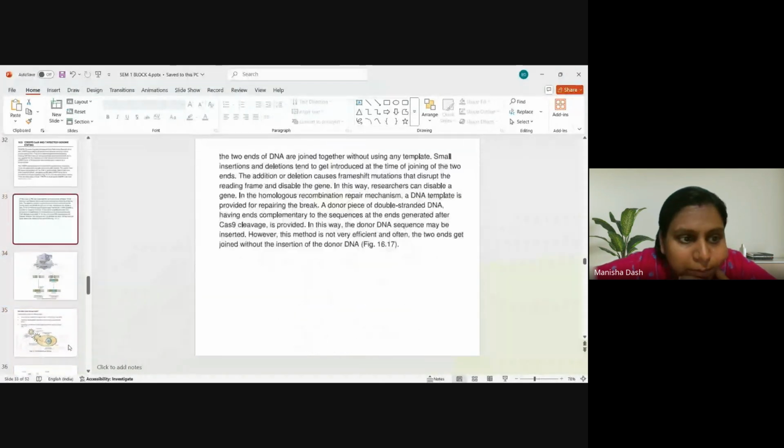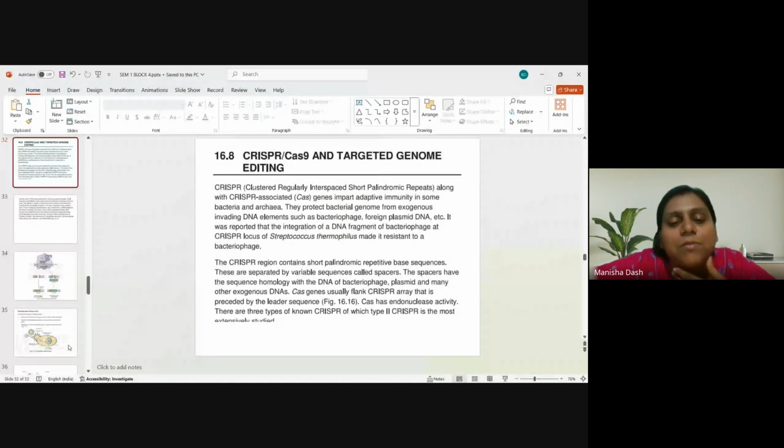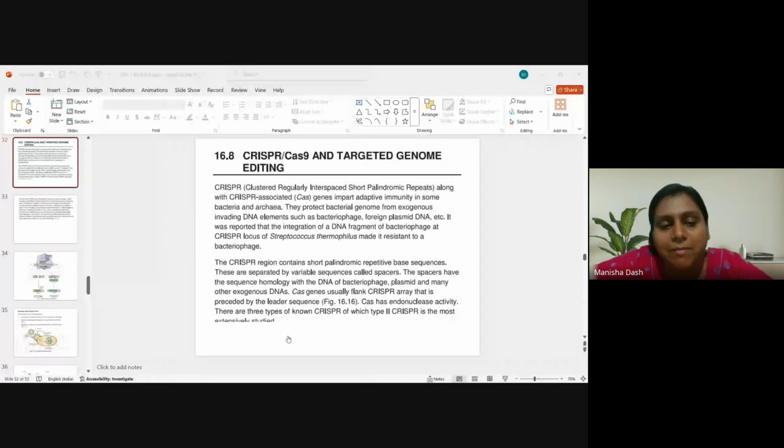Okay, let's proceed. The next, one of the most interesting concepts that is developing these days, is CRISPR. I hope everyone is familiar with the term CRISPR for gene editing. Even recently, the Nobel Prize has been awarded for elucidating the mechanism of CRISPR Cas9 activity.